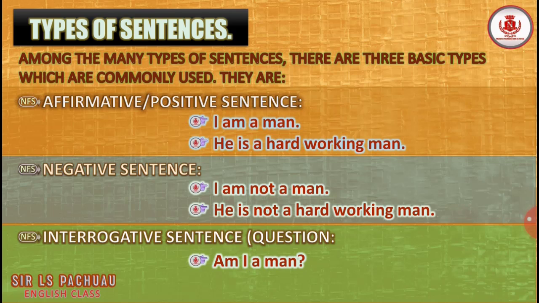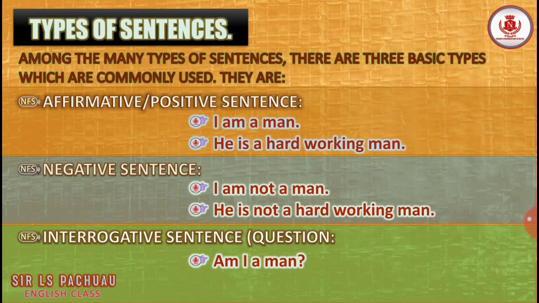Instead of the full stop, which we sometimes call a dot or period, remember that, here we are using the question mark. This question mark keeps it apart from the other sentences. If you don't add this question mark, the sentence will be wrong.